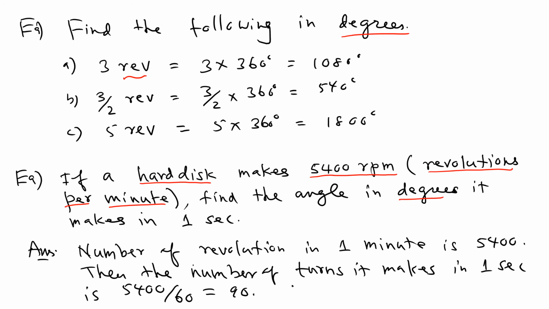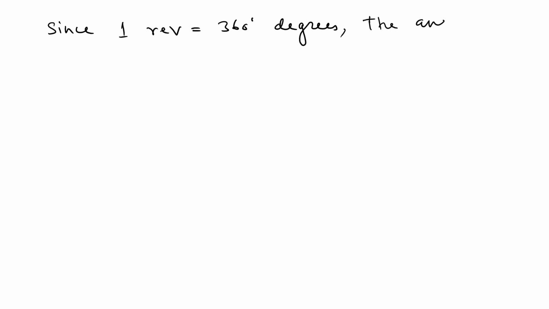So you can write, since 1 revolution is equal to 360 degrees, the angle it makes in 1 second is 90 revolutions per second, that's what happened.